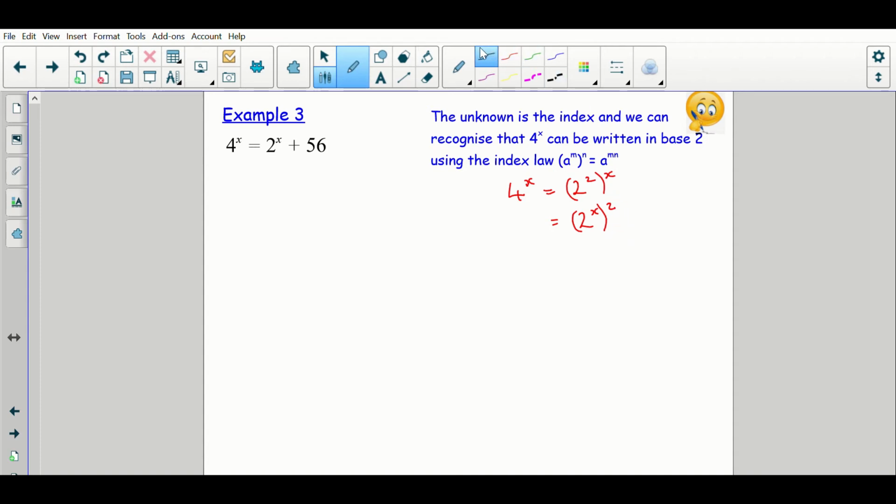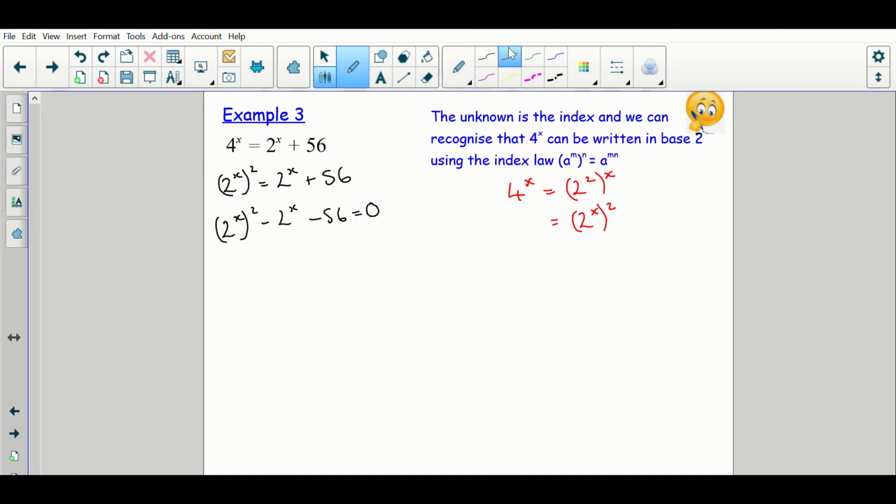So let's go back over to my equation. So my 4 to the x I'm going to write as 2 to the x squared, and that equals 2 to the x plus 56. So now I'm starting to see the beginnings of a quadratic. So I'm going to rearrange to equal 0: 2 to the x squared minus 2 to the x minus 56 equals 0.